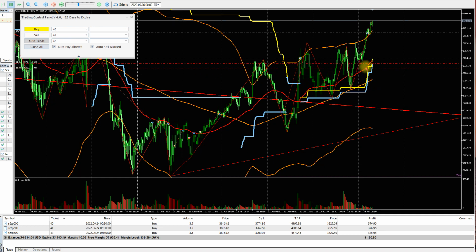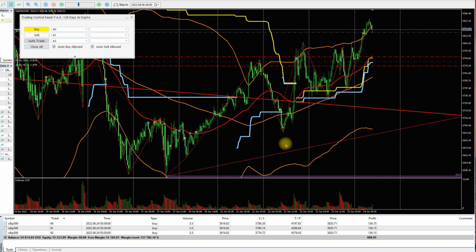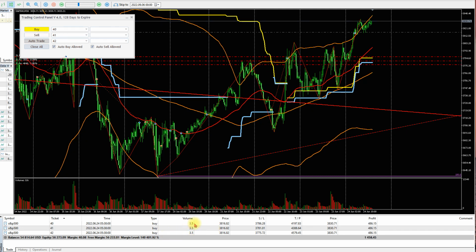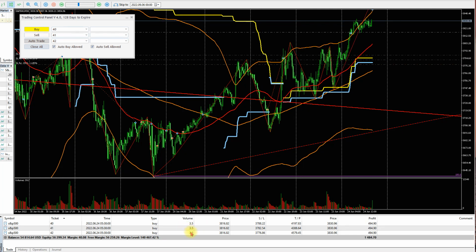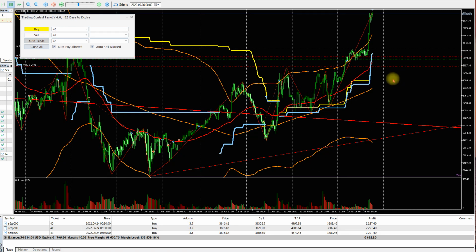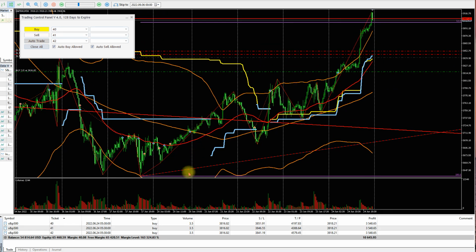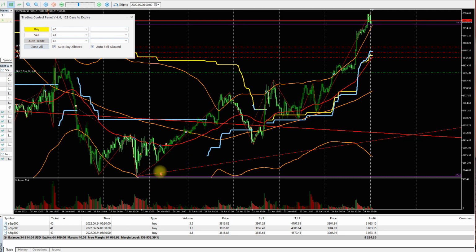Opening long position with 3 positions, with 3.5 big volume. It's opening up. Before, the system made good money when its position opening, that was on a short.